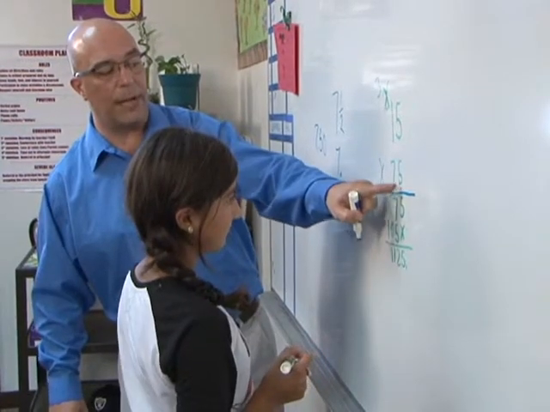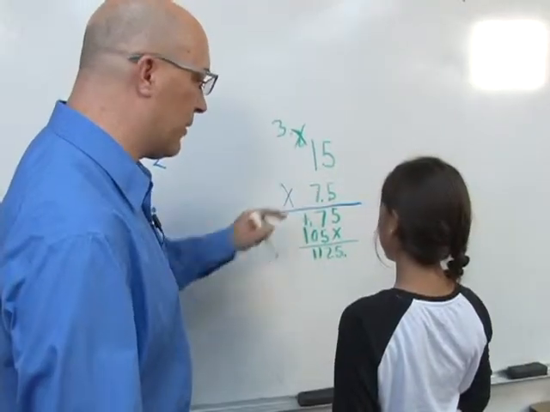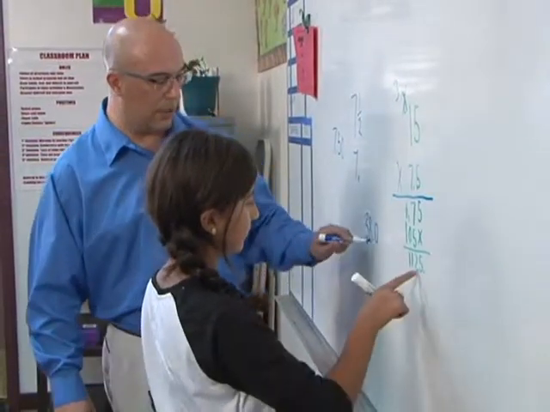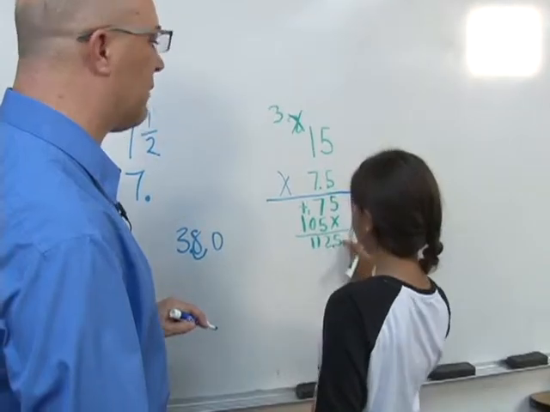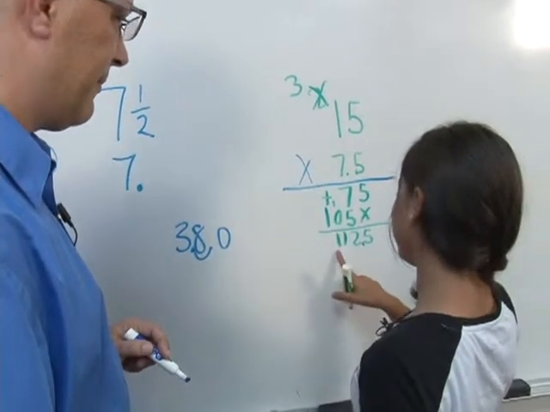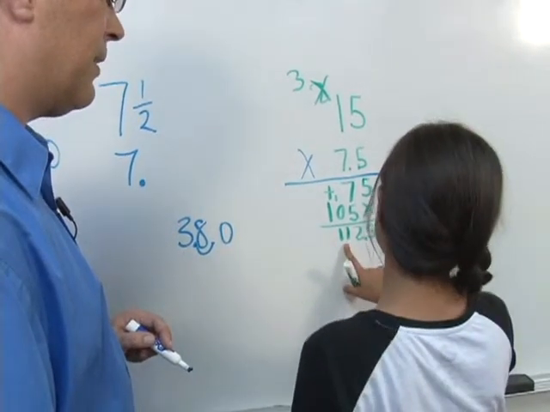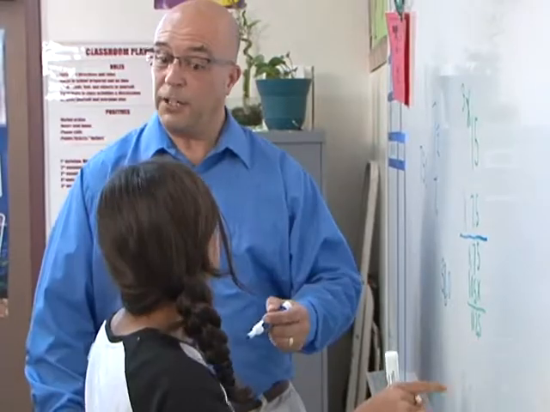We have 1 number after the decimal place. So that means we have to move the decimal 1 place over. So what you're going to do is move it over 1 place like this. And it goes right there. Right. So now what would that be? 112.5. Right, 112.5.